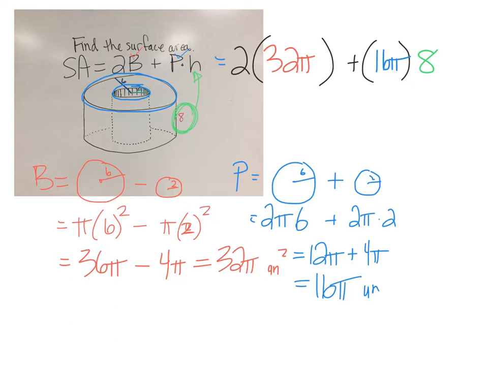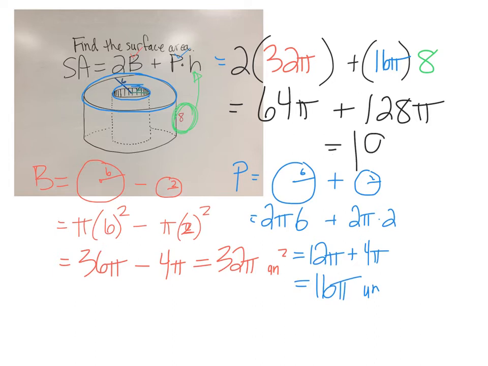Now if we leave this in terms of pi, 64 pi here plus 128 pi there gives us a grand total of 192 pi square units.